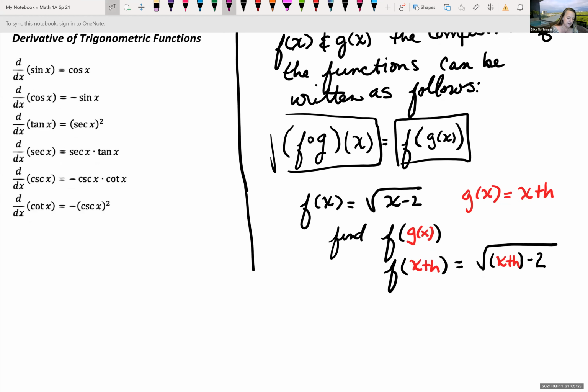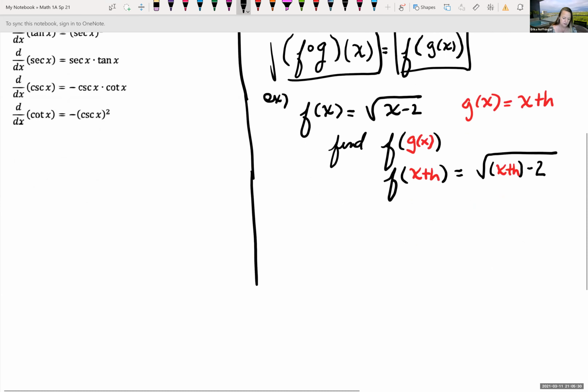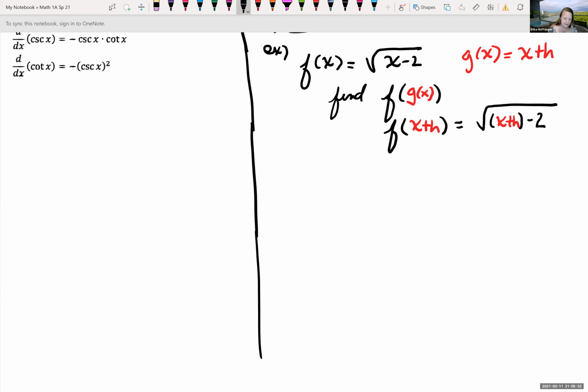So let's give another example, and then let's go backwards. Let's say f of x is given to us as x squared minus 2x plus 1, and g of x is defined as the square root of x.